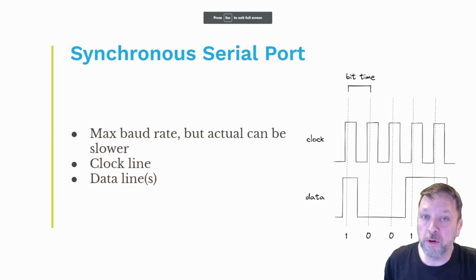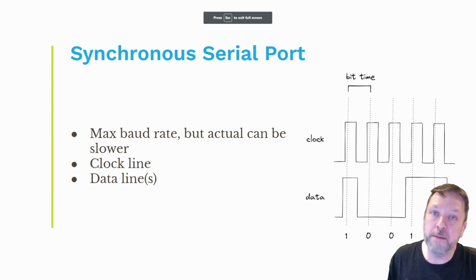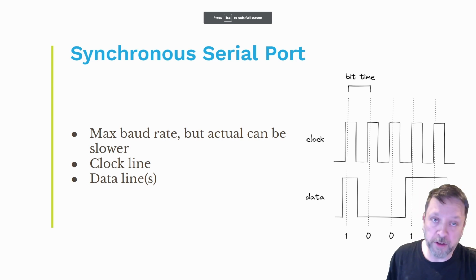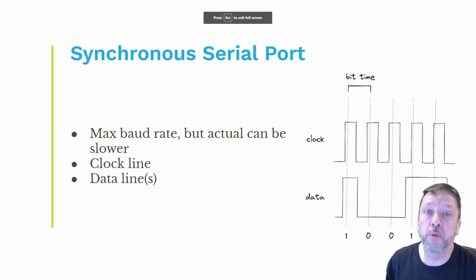Synchronous serial, however, works a little bit differently. It's got a max rate, so you might see something like 400 kilohertz. That speed is really the maximum speed that you can run, and it is dictated by how fast the peripheral can actually service the data.